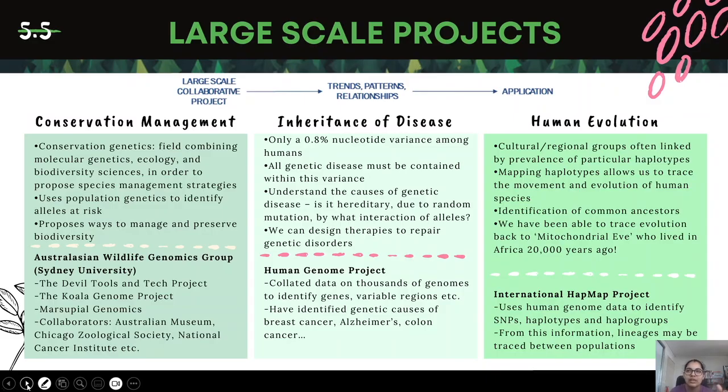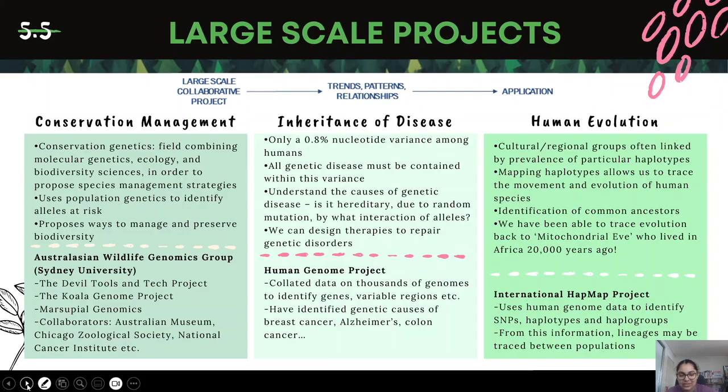Mitochondrial Eve is so named because everyone has their mother's mitochondria, so it goes back along the maternal line. Mitochondrial Eve lived in Africa 20,000 years ago.